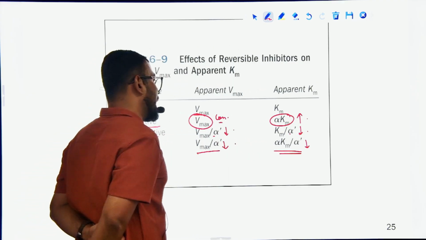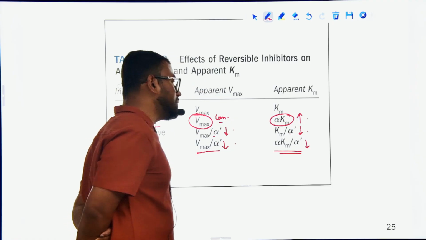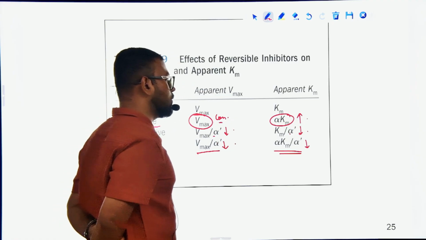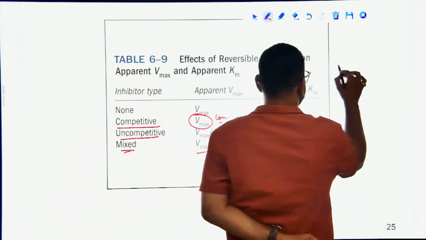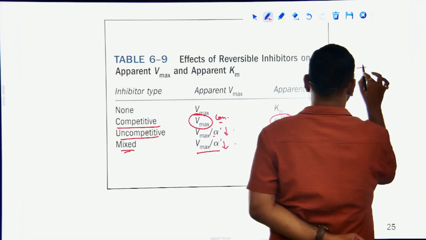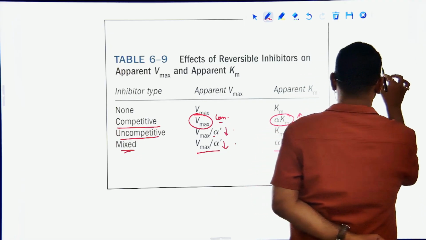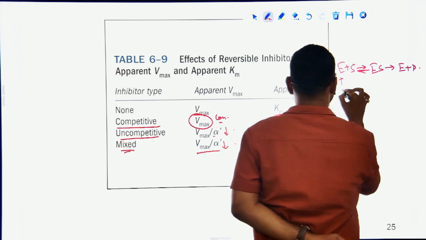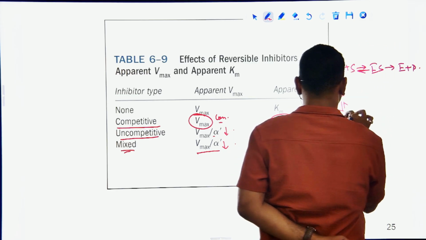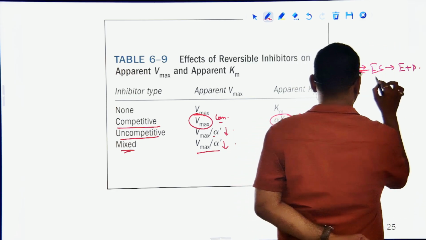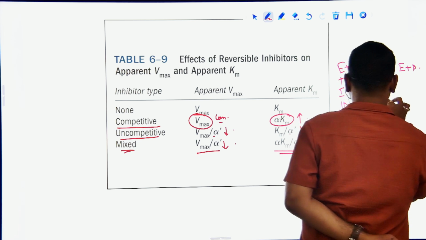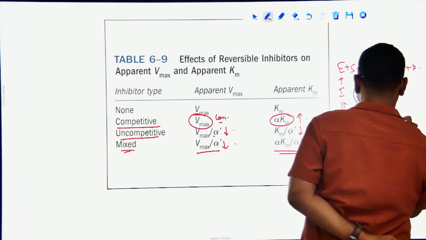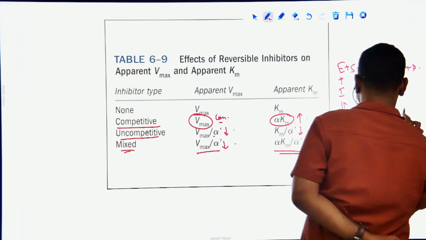As both the inhibitions are taking place simultaneously, it will depend. For mixed inhibition, E plus S forms ES, E plus P. So E plus I forming EI and ES plus I forming ESI, and this kind of inhibition is also taking place.